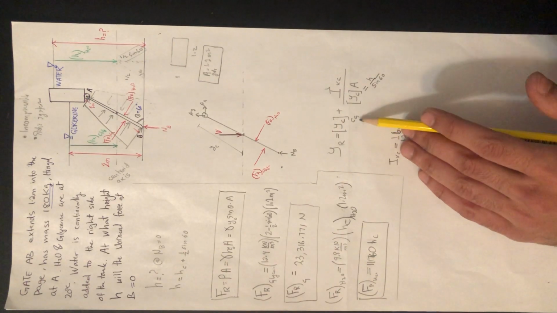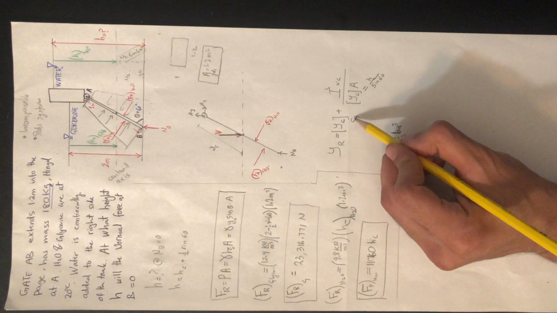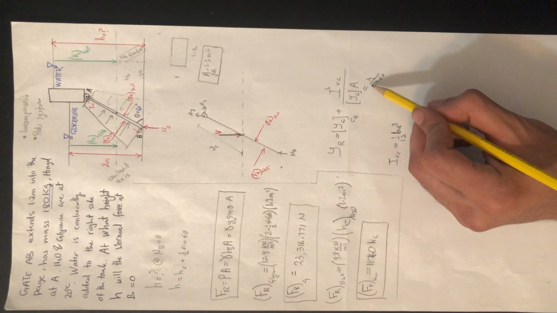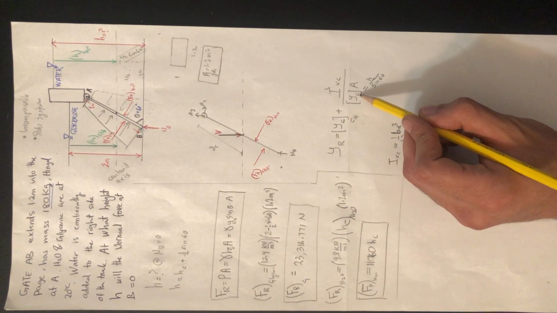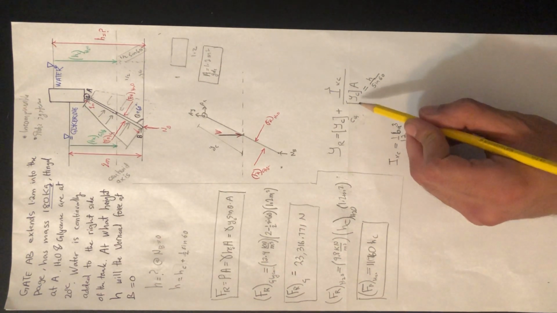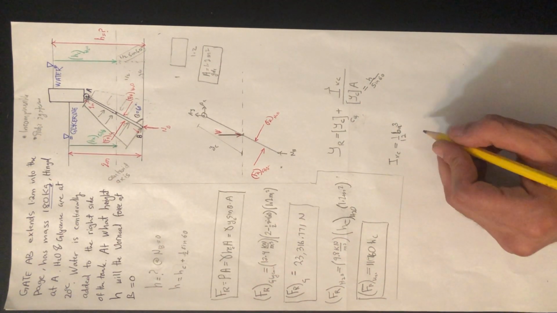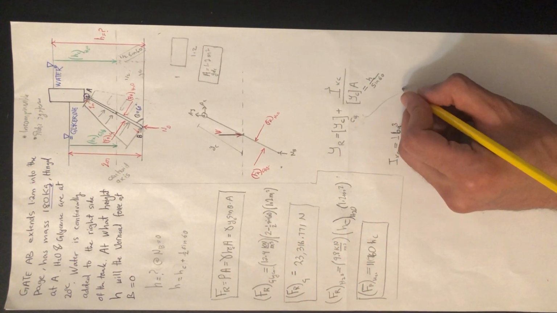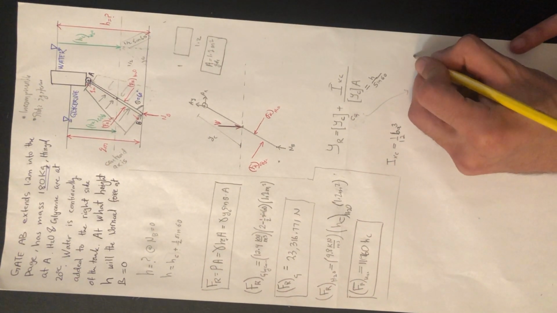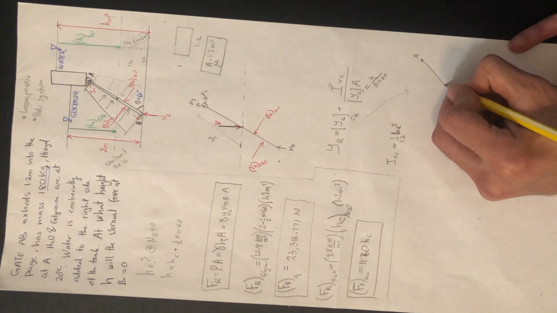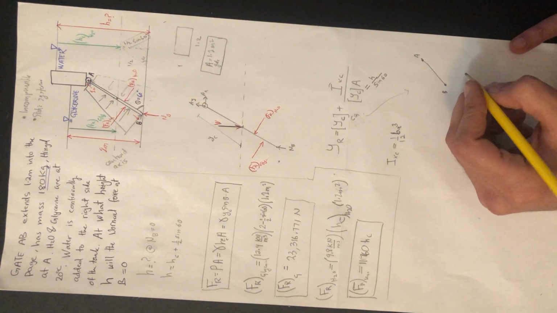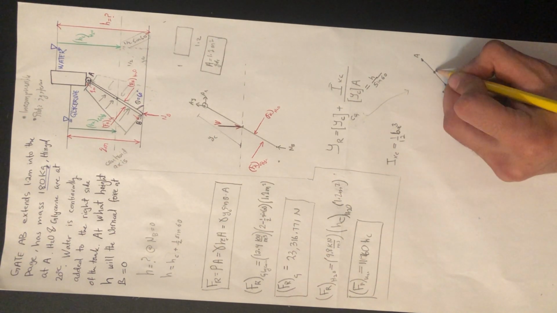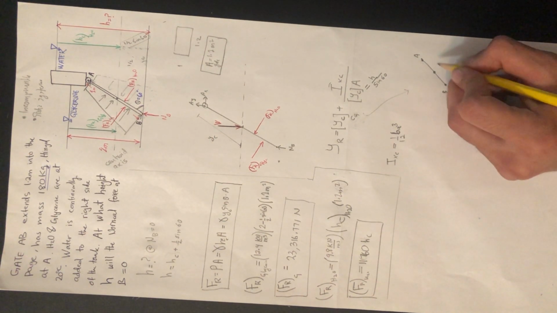Let's take a closer look at what I mean by the distance of the center of gravity of the gate and the distance of YC to the free surface. We'll start with the center of gravity. We have point A here and point B right here. This is our gate, so our center of gravity is half the base because it's a rectangle.